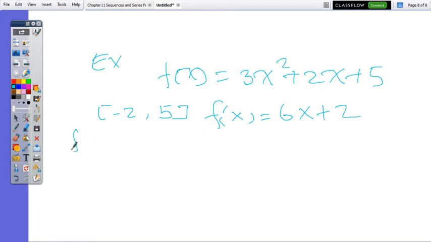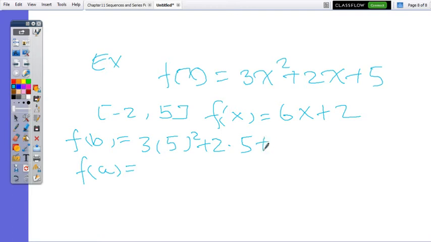Another thing you want to find is f of b and f of a. For f of b, we have 3 times 5 squared plus 2 times 5 plus 5. So 5 squared is 25, times 3 is 75, plus 10 plus 5. The sum is 90.